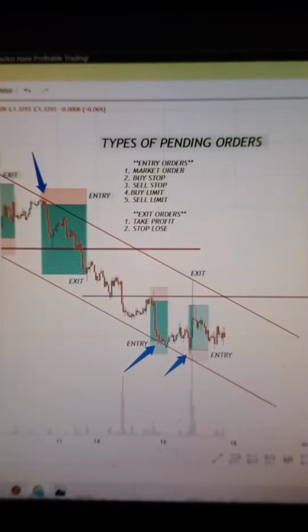I'm teaching how to know the types of pending orders you can use. We are looking at types of pending orders.